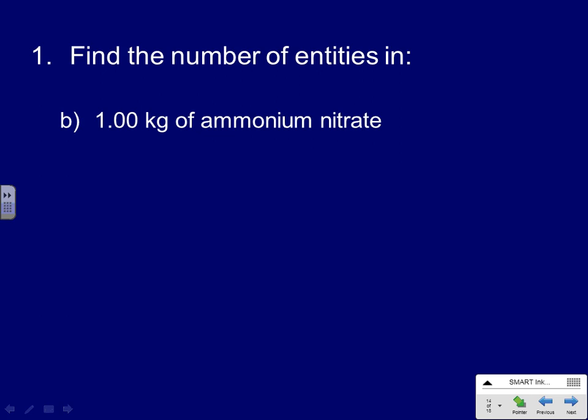What am I going to need? What am I going to have to find before I even do anything? What have we been calculating first? Molar mass. Let's get that molar mass. Notice I've got 2 sources of nitrogen in this. I wouldn't put them together. I would just put an arrow for each individual nitrogen.